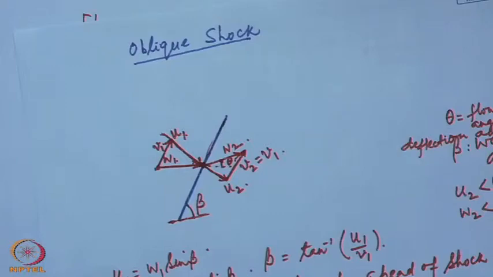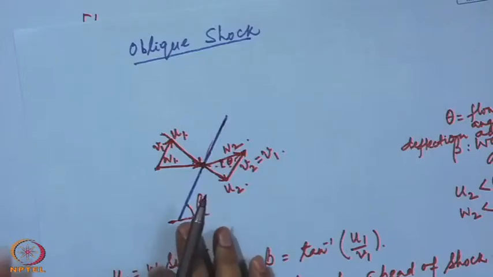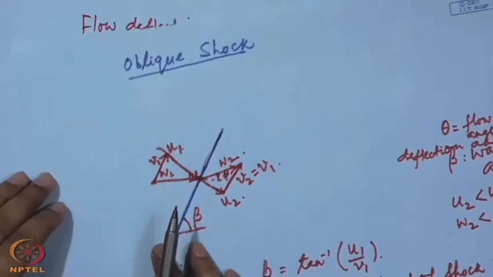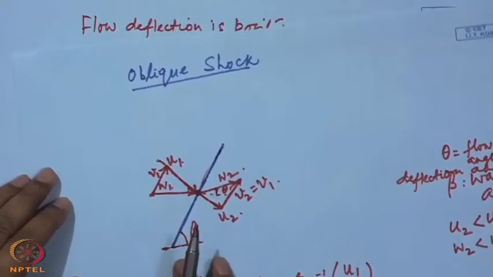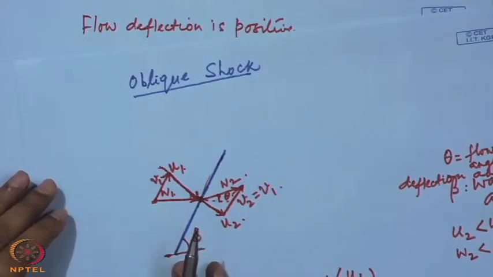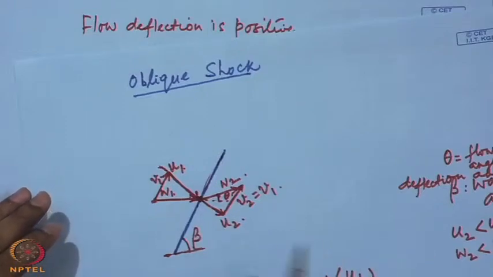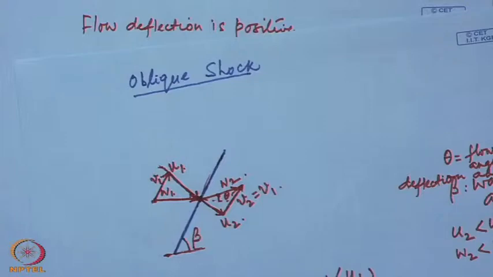Now, a superposition of a uniform flow velocity is not going to affect the static pressure and other static parameters like density and temperature, and hence the relationship between static pressure, density and temperature ahead and behind the shock can be directly obtained from the normal shock.